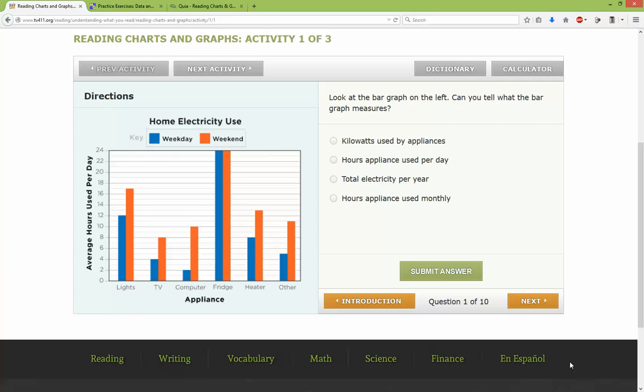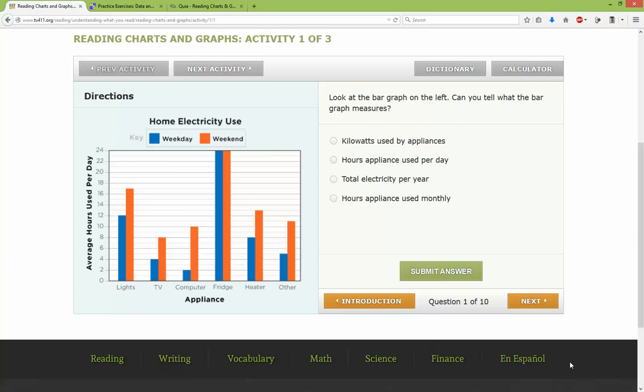A lot of it just comes down to reading the labels on the charts and seeing what is represented. So look at this chart. Answer this question. Don't shout out your answer. We'll allow everybody a moment to think about what the answer is.